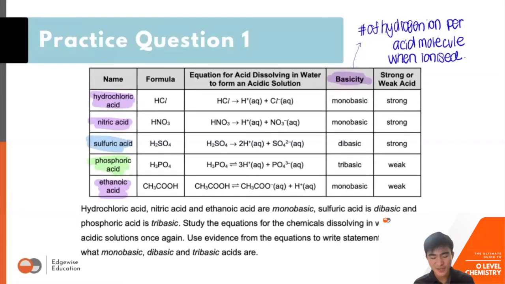Think about it first. Basicity is referring to the number of hydrogen ions. I give you another one minute to think about it, then we'll go through. I hope that all of you are following. If you have any questions, please feel free to ask inside the chat.